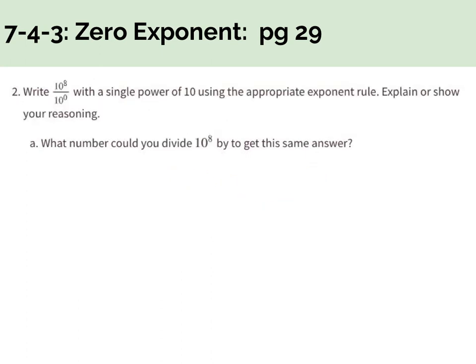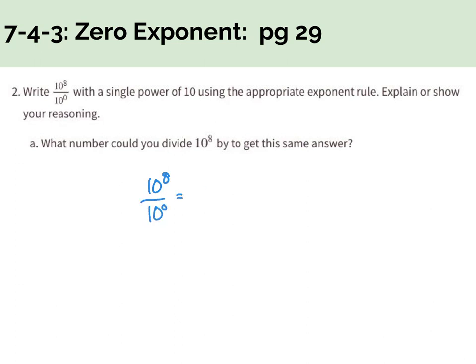All right, let's look at number 2. Write 10 to the 8th divided by 10 to the 0 as a single power using an appropriate exponent rule, show your reasoning, and say what number could be divided by 10 to the 0 to get the same answer. Go ahead and answer that question and then come back to me. So remember, when we have 10 to the 8th, we're dividing these.